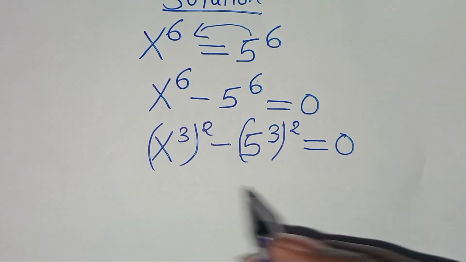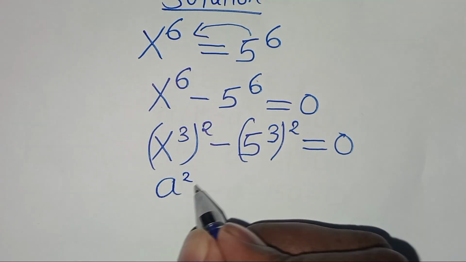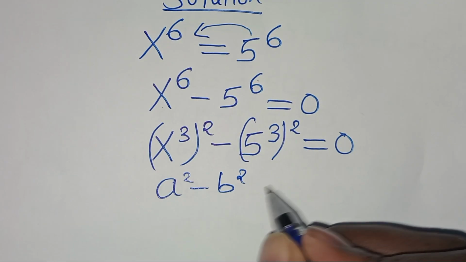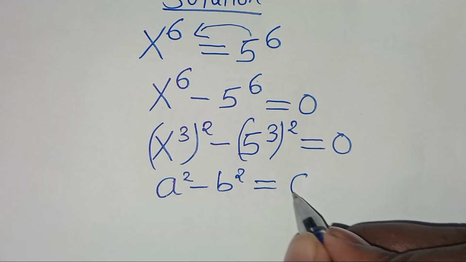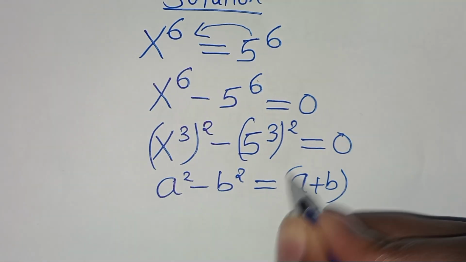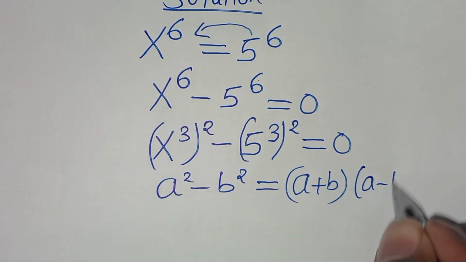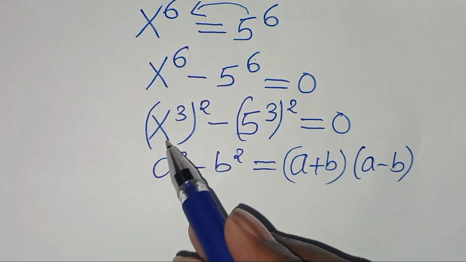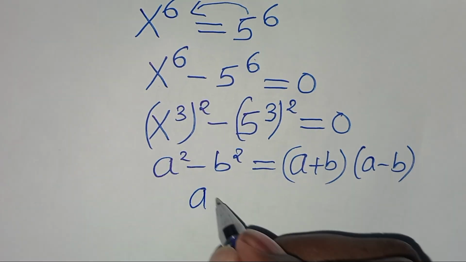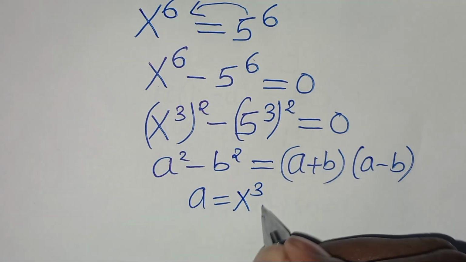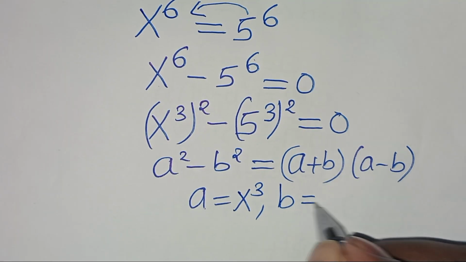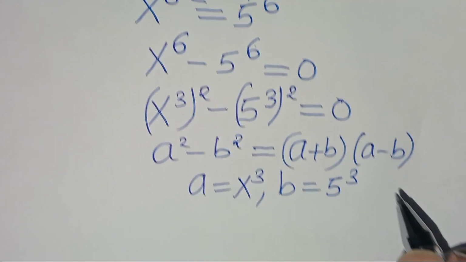This equation is in the form of a squared minus b squared, which we can express as a plus b times a minus b. From this equation, we have that a is equal to x to the power 3 and b is equal to 5 to the power 3.